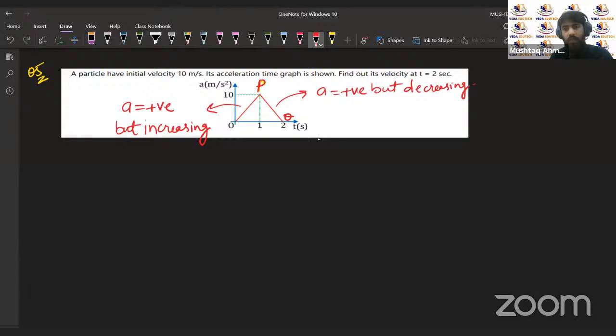We have to calculate velocity at time t equal to 2 seconds. In the last class, we discussed that acceleration is equal to dv over dt, or we can write a dt equal to dv.